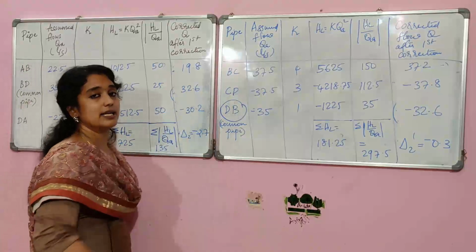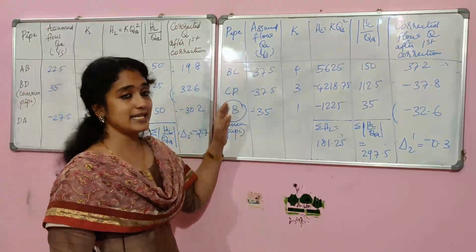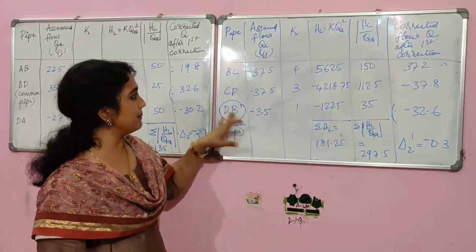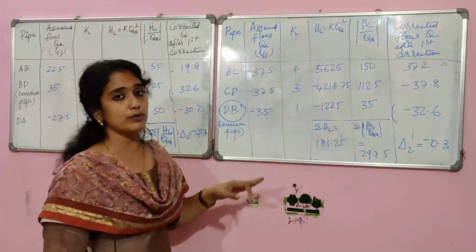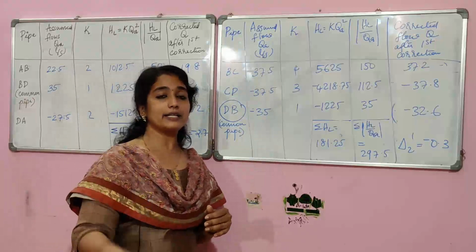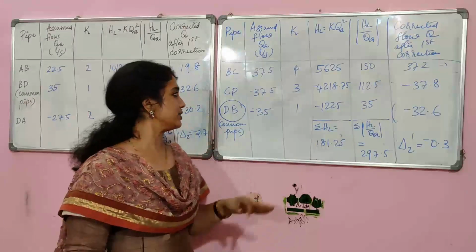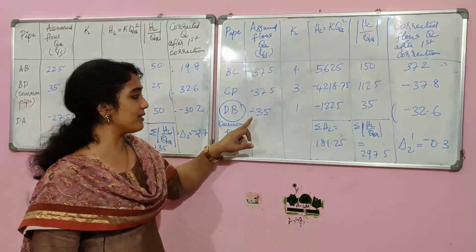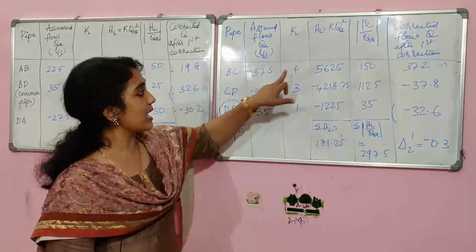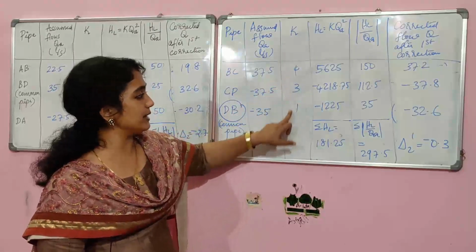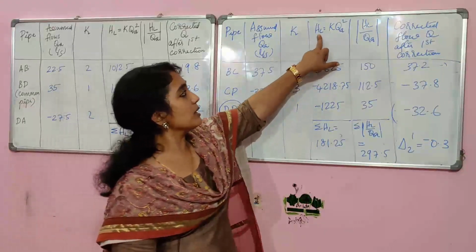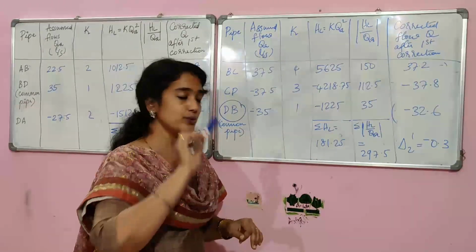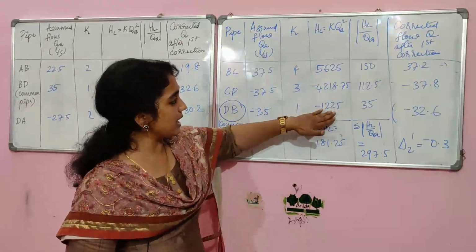Then considering the second loop, that is BCDB, BC, CD and the common pipe DB. The assumed flows are the corrected flows in the first correction, that is 37.5, minus 37.5 and minus 35. K values are already given, 431, and calculate the value of HL, that is K into QA raised to 2. All the values are calculated.